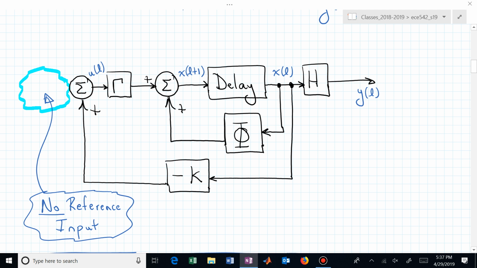And in highlight, I've tried to explicitly show that there's no reference input commanding or telling this system where to go. It's just behaving the way that we want by the choice of the full state feedback gain matrix K.